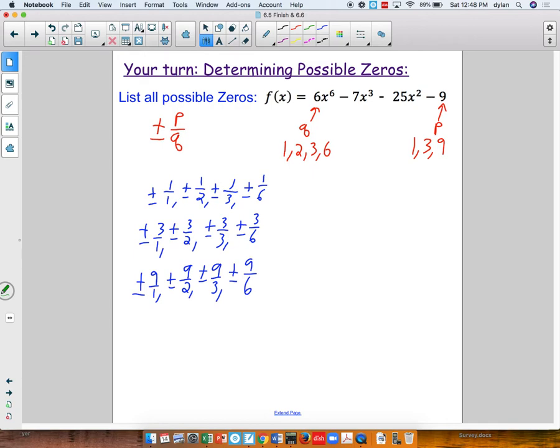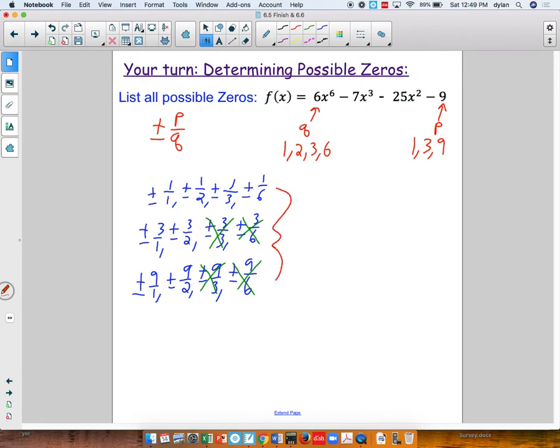But the next thing we have to do is look for duplicates, because some of these match up. For example, plus or minus 1 over 1 is the same thing as plus or minus 3 over 3, so I'm just going to cross out the 3 over 3. Also, plus or minus 1 half is the same thing as plus or minus 3 over 6. And similarly, plus or minus 3 over 1 is the same thing as plus or minus 9 over 3. And we've also got plus or minus 3 over 2, which is the same thing as plus or minus 9 over 6. So I'm able to rule out some of these.